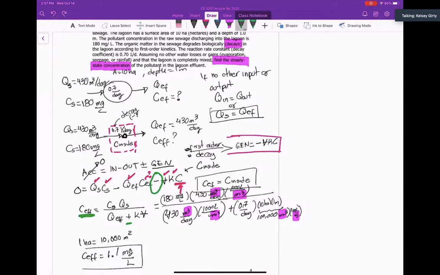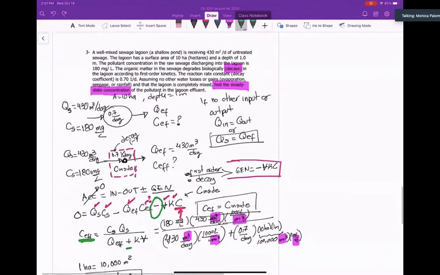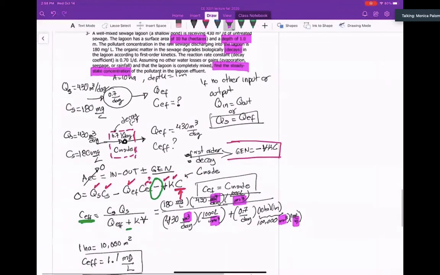Professor, I had a question. Could you please explain where you found the volume one more time, please? I'm kind of confused in that area. Oh yeah, sure. The volume, we were given the area in hectares and the depth. So what we did in here is just 10 hectares times 1 meter.